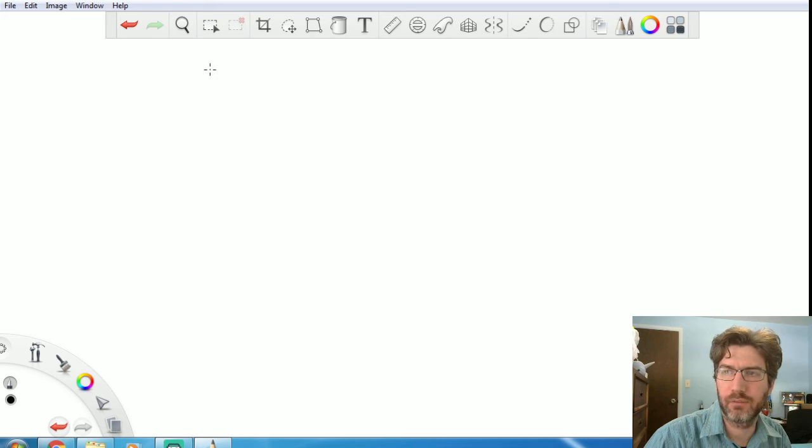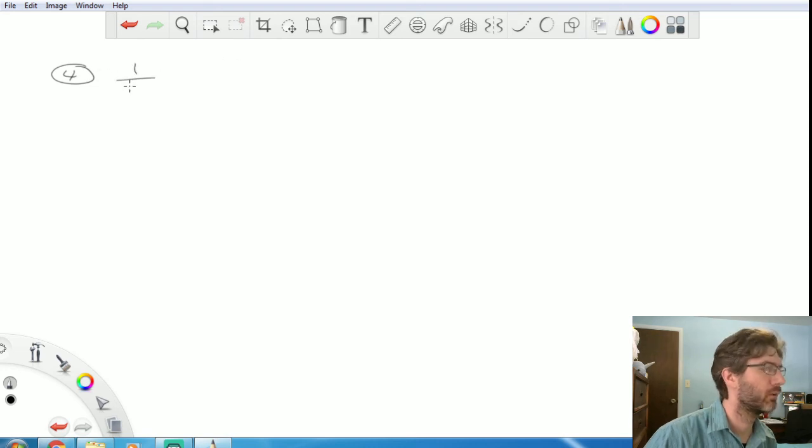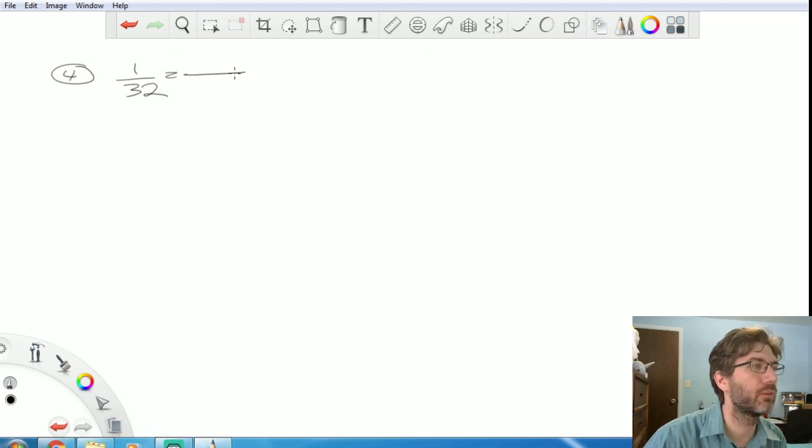What do we got? Anna wanted 4. Thought I already did 4. 1/32. It wants you to write that as a percent, but your percent has to have a fraction in it. It wants it to be a fractional percent. So what you're going to do is just find the percent. 100 equals 32x.